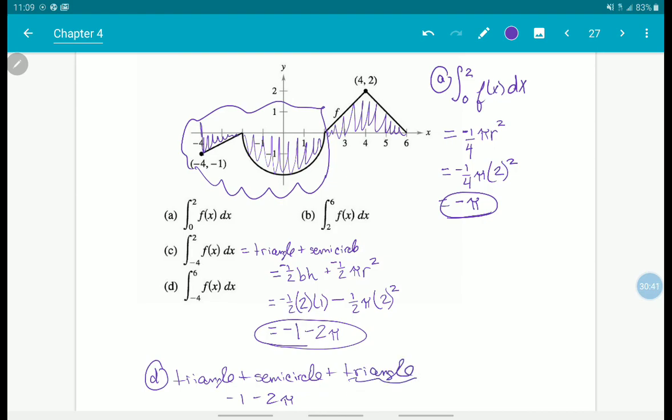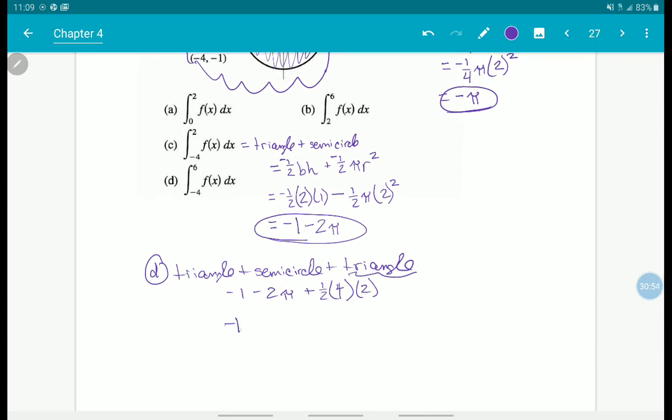So that triangle, that last one, notice it's above the x-axis, so it's positive. 1/2 base times height. That base is 4 units long and the height is 2. So we're going to have 3 minus 2 pi for that answer.